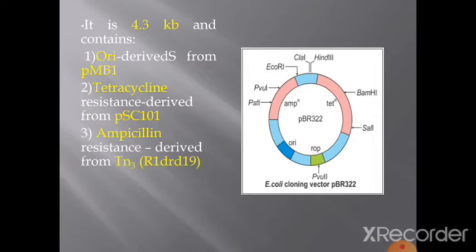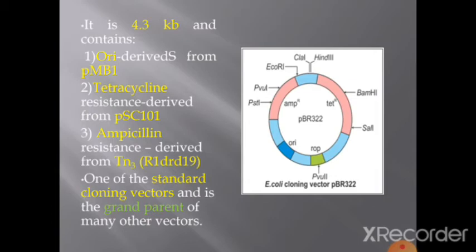Tn3 is a part of R1drd19. It is one of the standard cloning vectors and is the grandparent of many other vectors. So many other plasmid vectors have been derived from this pBR322.